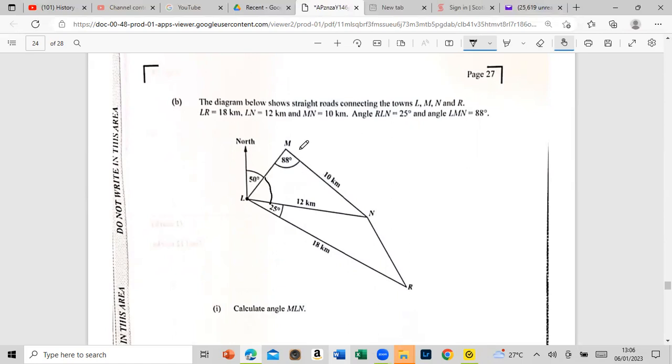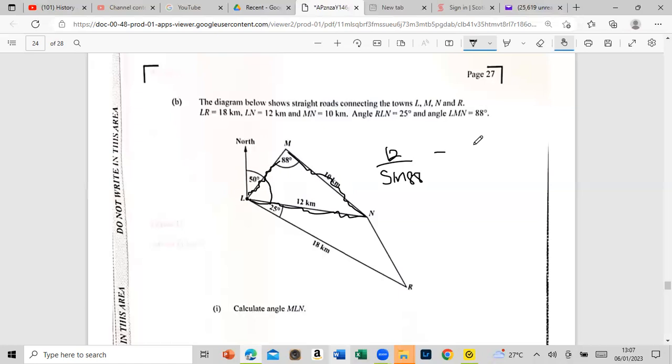Considering this triangle, we could use the sine rule because we have the angle and we have the side. It couldn't be cosine because we don't know the angle for this and this. But we could use this, so it would be length over sine, so that'd be 12 over sine 88. That could work.